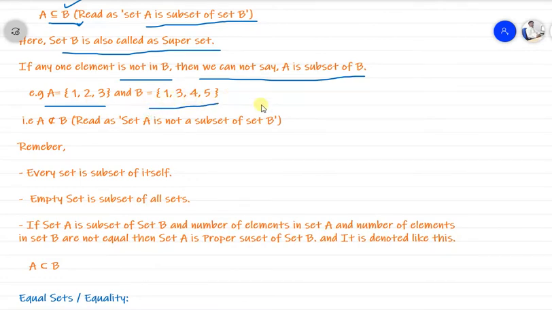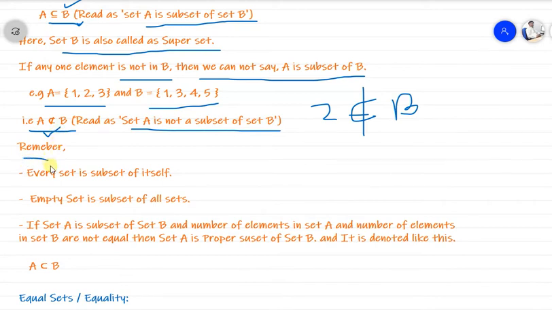So 2 is not there. 2 does not belong to set B. That means not every element of set A belongs to set B, so we cannot say A is a subset of B. We read it as set A is not a subset of set B. This is the not-subset symbol, right? So we can use this symbol.